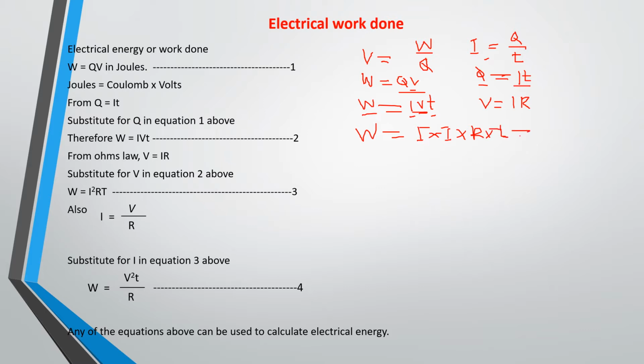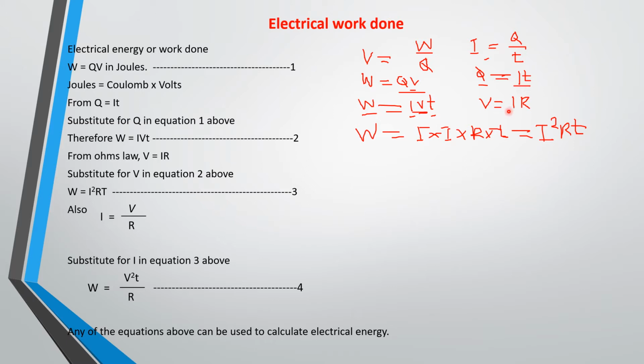That gives you I squared, current squared, times resistance times time. I'm just taking the pain to let you know how these equations were derived.